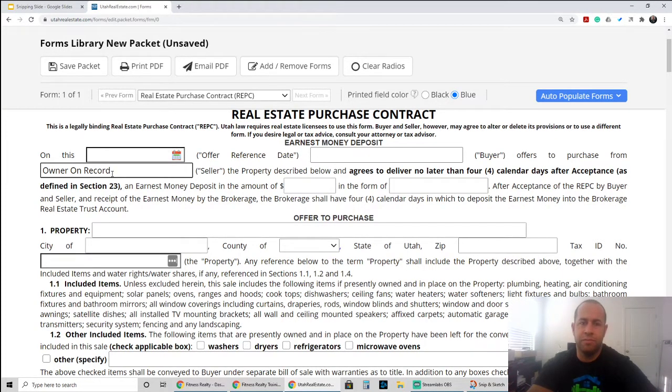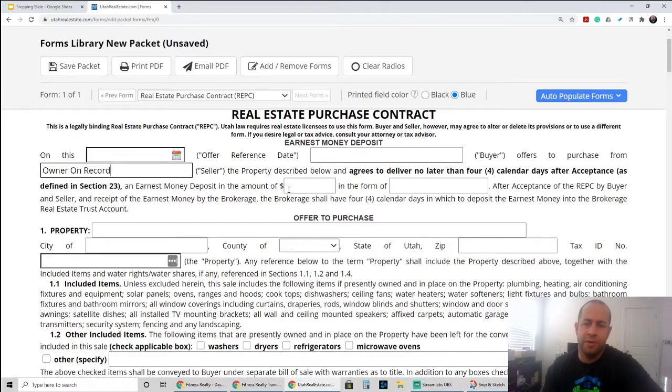If they just put it into a trust, if they just got a divorce, if they are taking title in a different way, owner on record saves you the hassle of figuring out who it is first. And then later on, your lender may make you put in who it is, or when the seller receives this and they want to counter back, they'll write in who the seller is, and they've taken care of it. It makes it really easy.